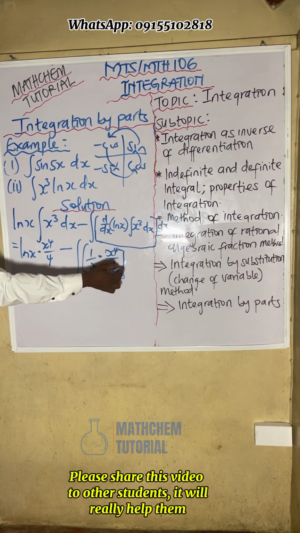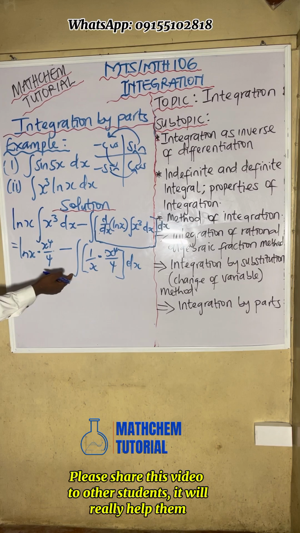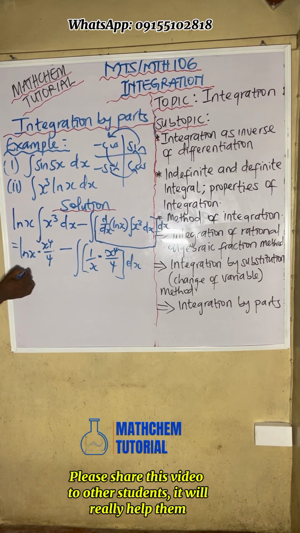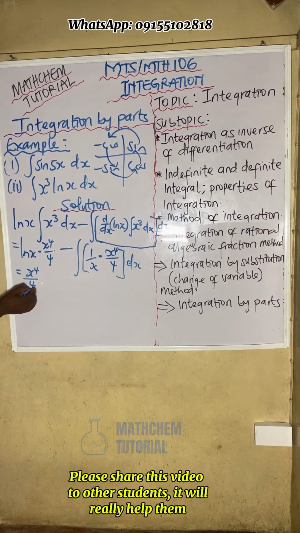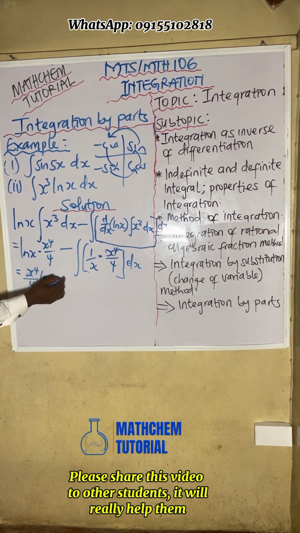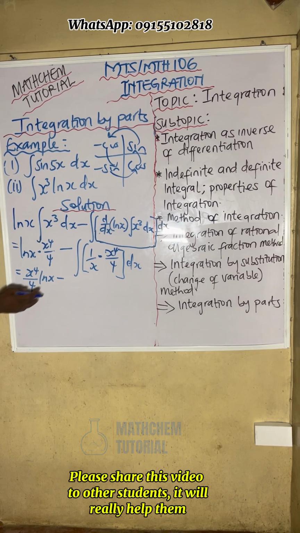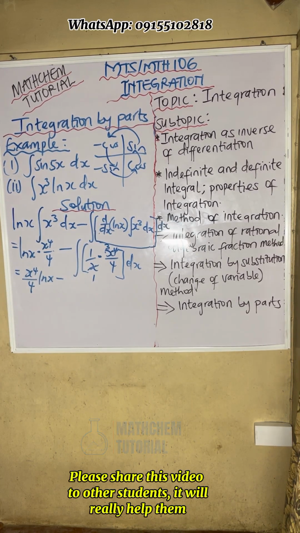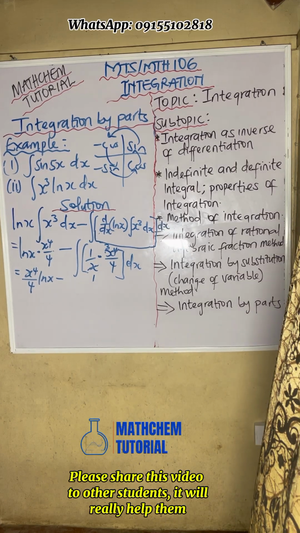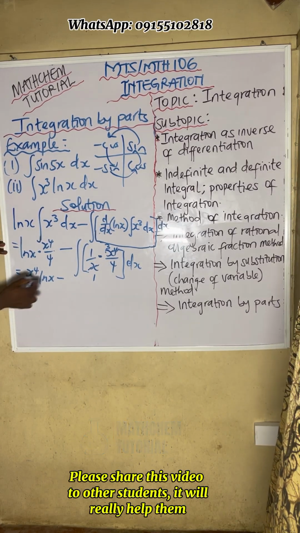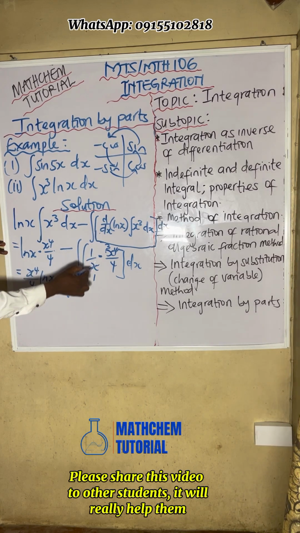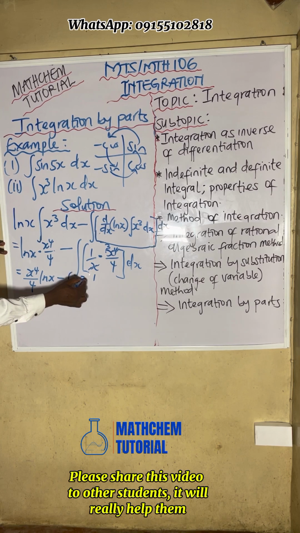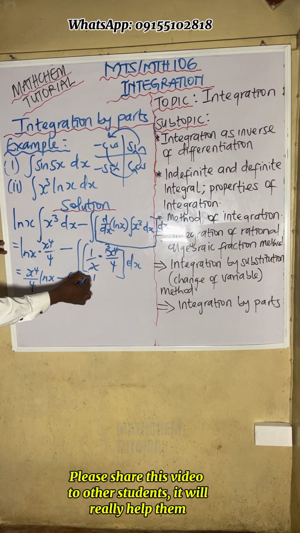Let me close the bracket, everything dx, because of this integral. Now let me multiply this. This will be x to the 4 over 4 ln x minus the integral of x over x cubed, x to the 1 and x to the 3, so it becomes x cubed over 4 dx.